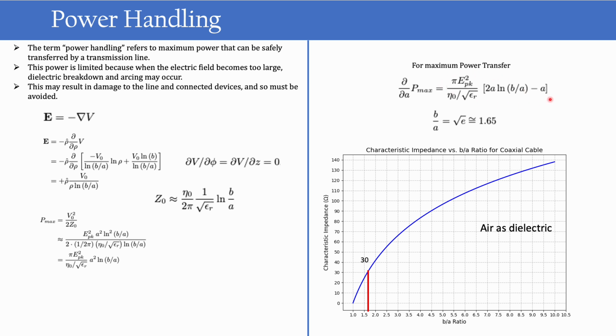This is the first derivative, and we can say that the factor within the bracket should be 0, which gives the parameter b/a as square root of e, which is equal to 1.65. We can see that when the b/a parameter is 1.65, our characteristic impedance is around 30. So this indicates that to have the maximum power handling capacity, the characteristic impedance of the coaxial cable should be 30.